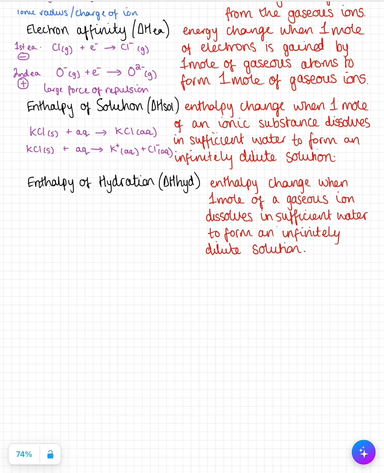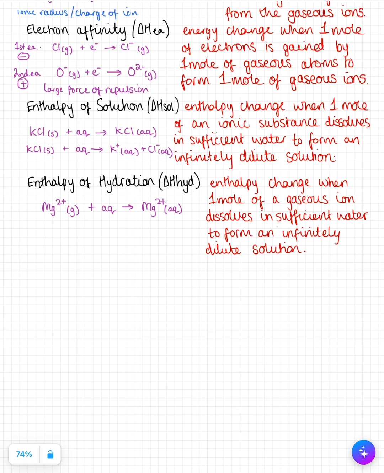Enthalpy of hydration is the enthalpy change when 1 mole of a gaseous ion dissolves in sufficient water to form an infinitely dilute solution. Let's look at an example. Mg2+ gaseous, so we're in the gaseous ion, dissolves in sufficient water, so we use that state symbol aq to show that, forms Mg2+ aq.